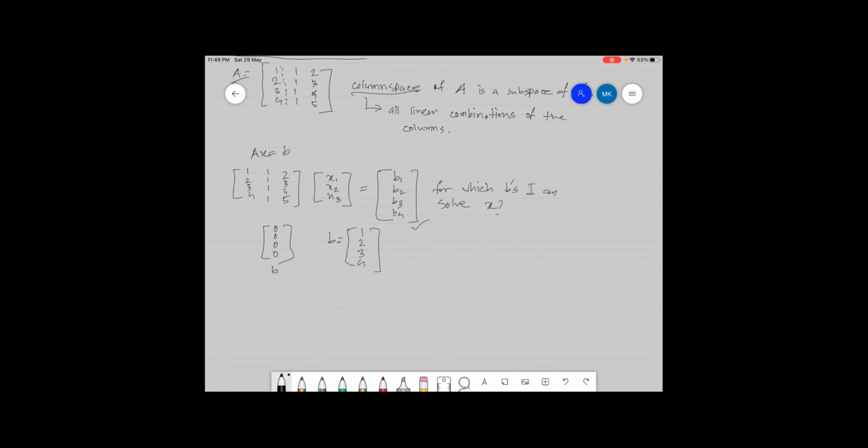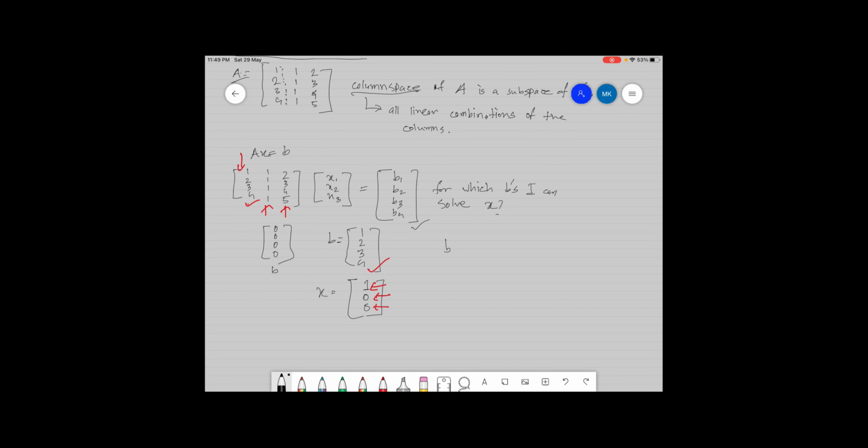If we have the solution set 1 0 0. How is this possible? Because we are taking ones of the first column, which is this one, and none of the other columns. So none of the other columns are taken, and ones of the first column is taken. So that gives us the solution for b.